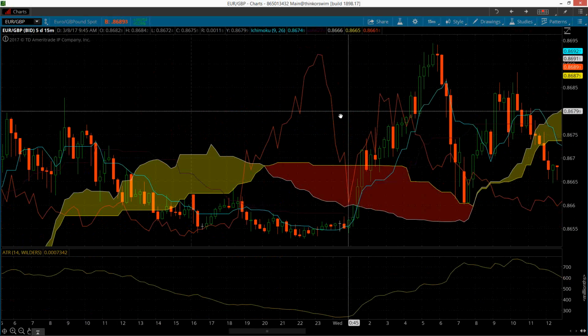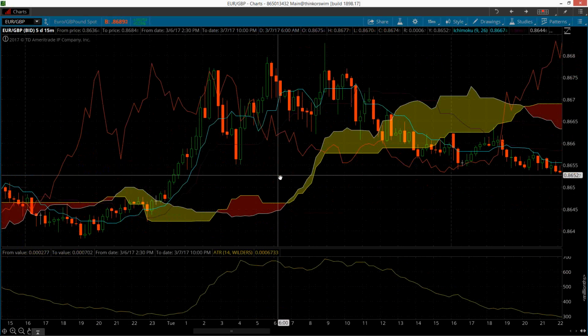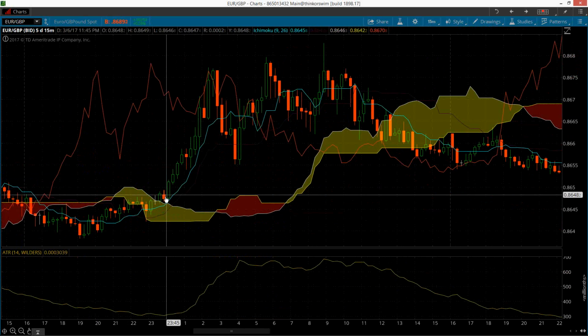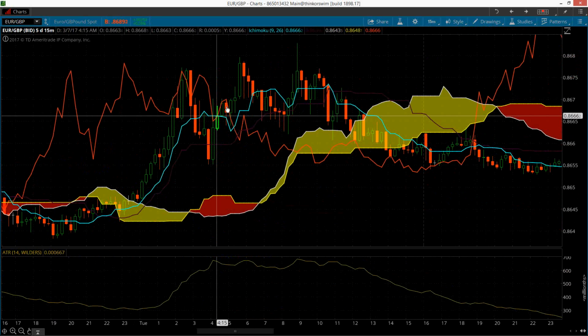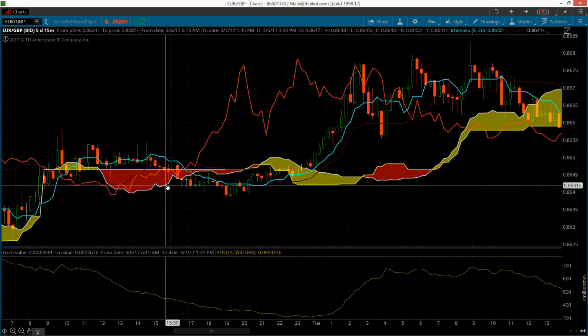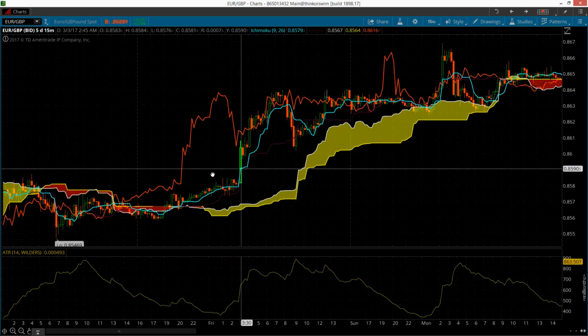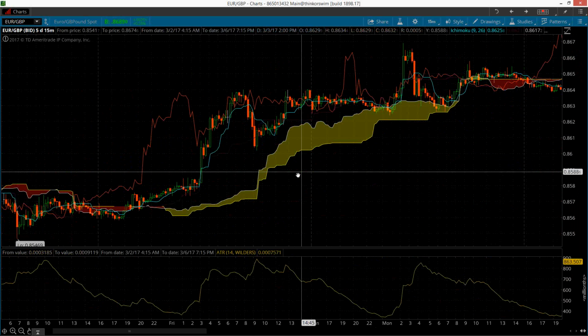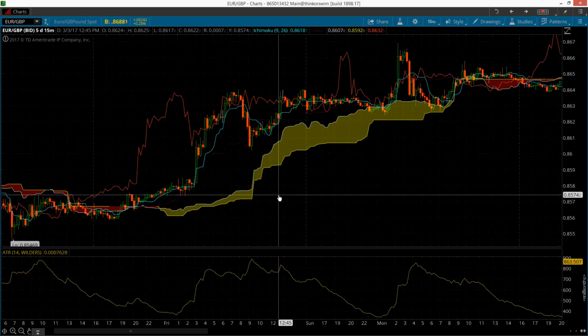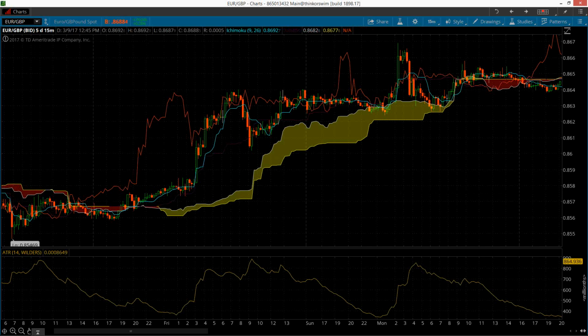Those breaks that happen like that tend to run longer, or can run longer. Here's another good one where we came from below the cloud to above it. And what's nice about binary options is I can very cheaply, on a risk to reward basis, set up something that will keep me in a trade in case we have a really long drawn out break like this.